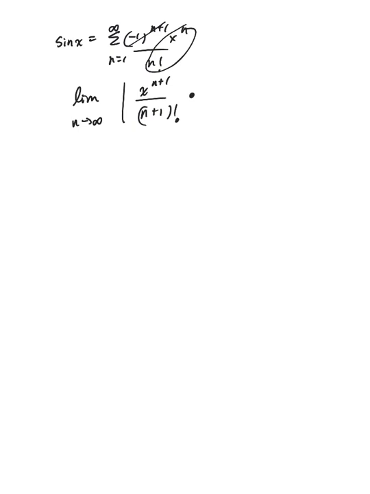When I divide by this, I multiply by the reciprocal, as you know. So this comes out to be the limit as n goes to infinity, and then that's going to just become x, and this is going to become n plus 1.